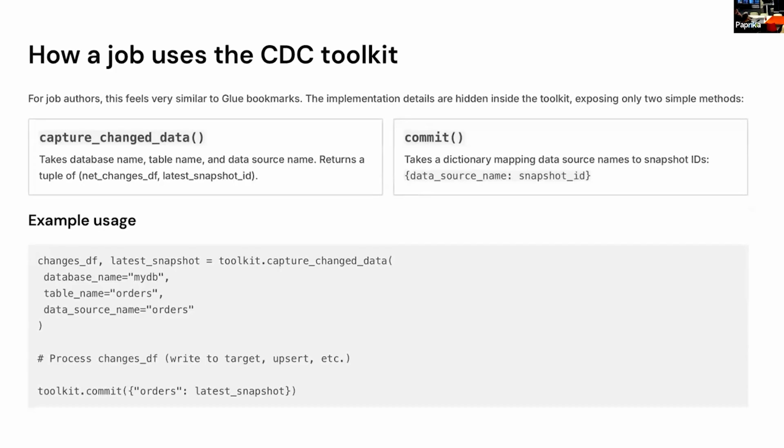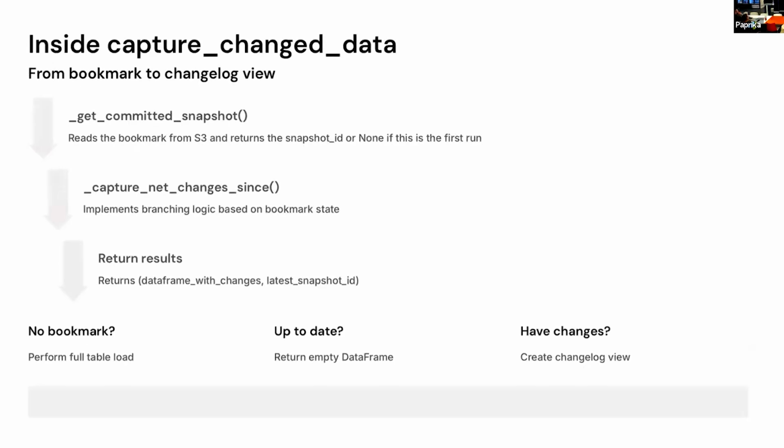We developed a toolkit for this behavior, which is in progress for open sourcing. The interface looks something like this. You give it a database and table, and then you try to get the changed data. It's just a little wrapper around the Iceberg utils.